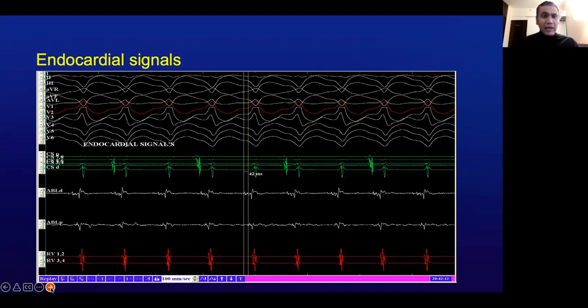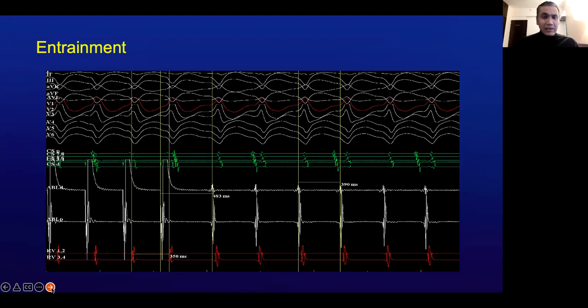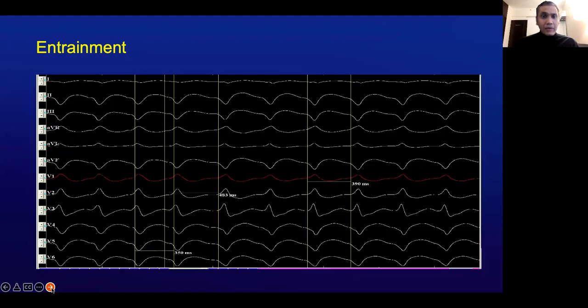Attempts at entraining at this site showed that the site was outside the circuit of the VT, but the fusion was concealed, suggesting that these were mainly bystander sites.